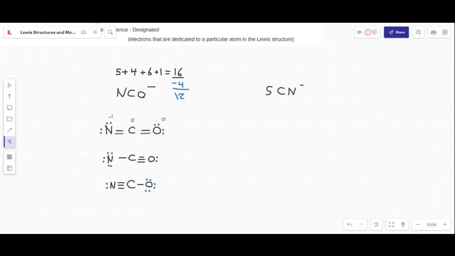What would be the formal charge on the nitrogen for the middle Lewis structure? The middle Lewis structure. Yep, -2. Very good. So you got this formal charge stuff down already. That's good. Most students don't pick it up that quickly.